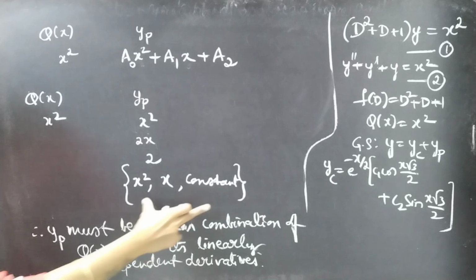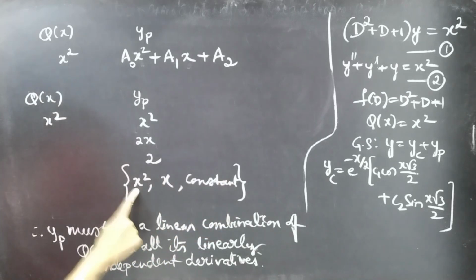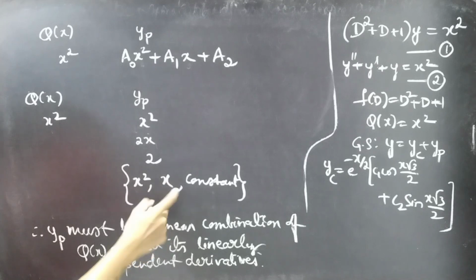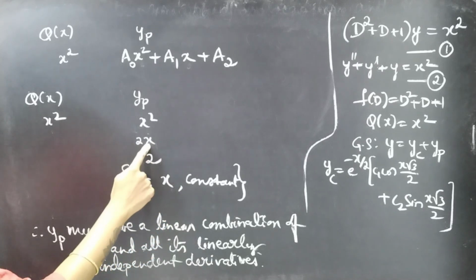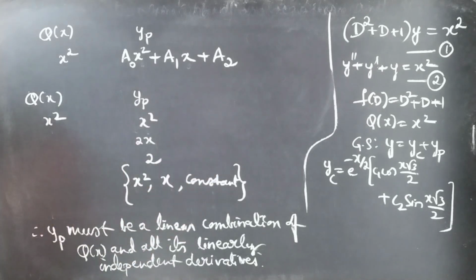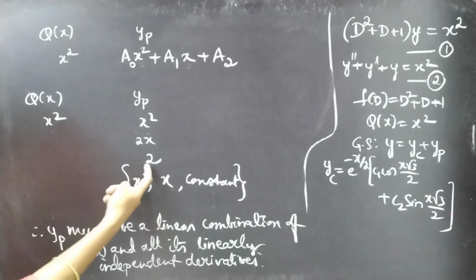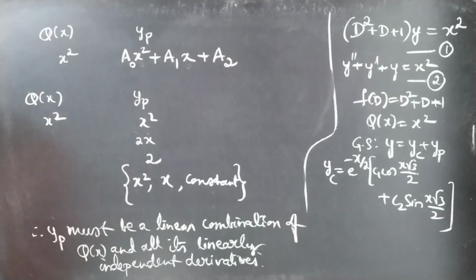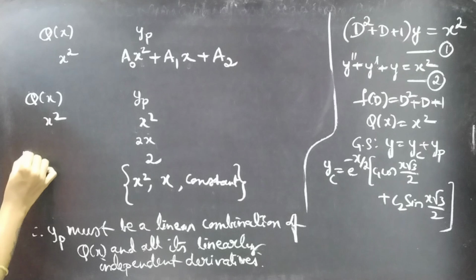Right? Now using this, see, it involves q of x, which is x square, and its derivatives. Derivative of x square will give x, 1x, and a constant, right? Fine. Again, if you want to find derivative of 2, you'll get 0, right? 0. Fine.